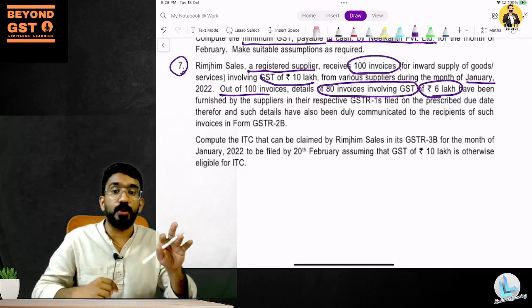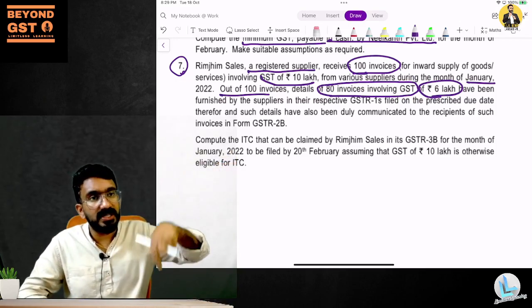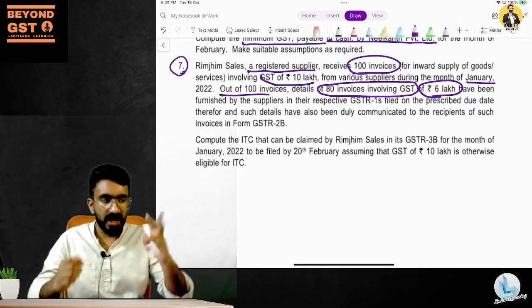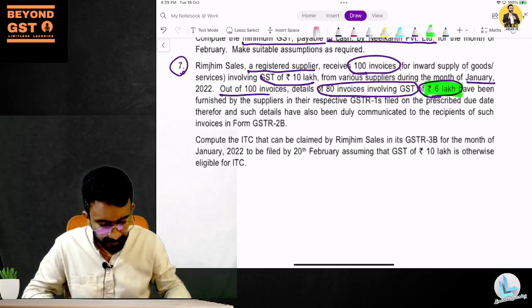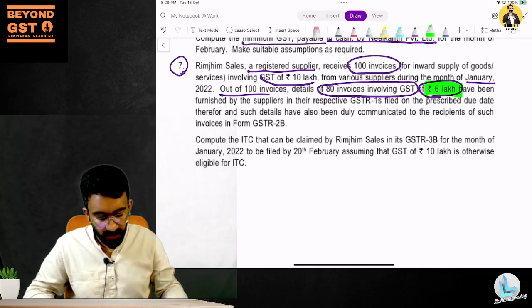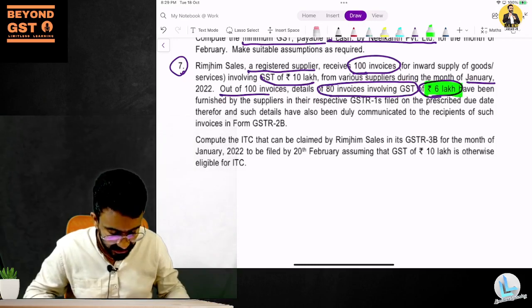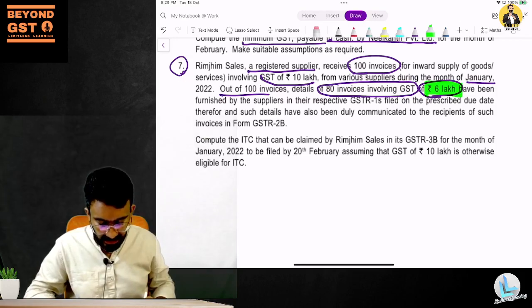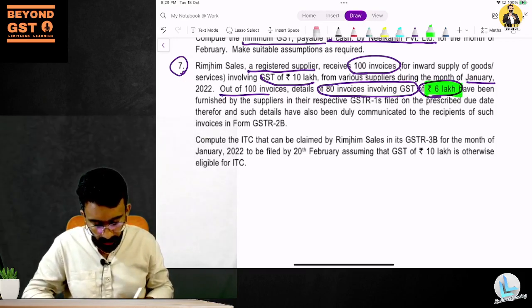Then I open my portal and I see how many of them have uploaded this invoice details in their GSTR1. How many of them did it? 80. So I added all the GST in these 80 invoices. I got how much? 6 lakhs. So out of 100 invoices, details of 80 invoices involving GST of 6 lakh have been furnished by the supplier in their respective GSTR1s filed on the prescribed due date, and such details have also been duly communicated to the recipient in form GSTR2B.